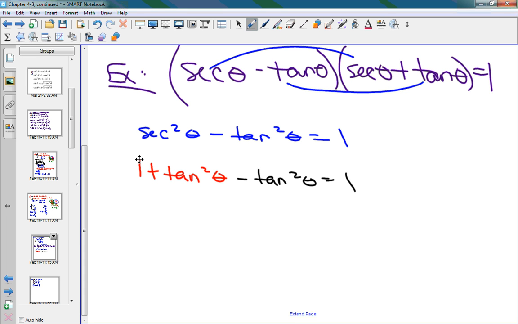It's simple substitution. Every place you see a secant squared, you can plug in the rest of the identity, which is 1 plus tangent squared. Now, what do you notice about the tangent squares? They cancel out and I have 1 is equal to 1. Is that what I wanted? Yes. Do we understand that? You have to make the left-hand side equal to the right-hand side by manipulating it in any possible way that you can.